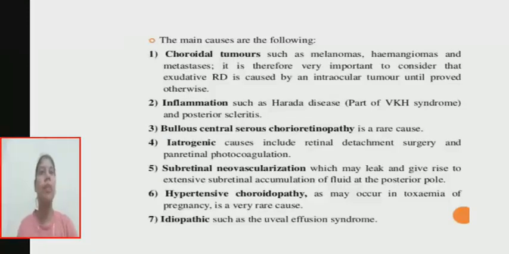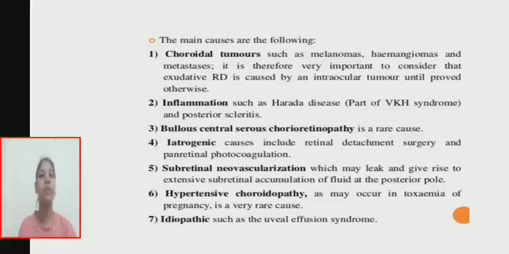The main causes are the following. Number one is choroidal tumor, such as melanomas, hemangioma and metastasis. It is therefore very important to consider that an exudative retinal detachment is caused by an intraocular tumor until proved otherwise.